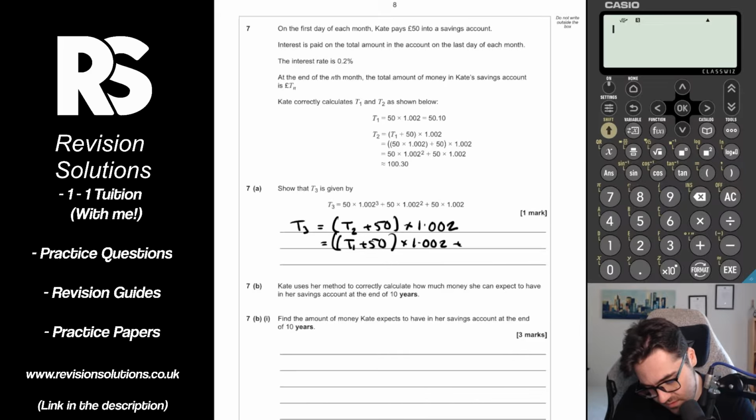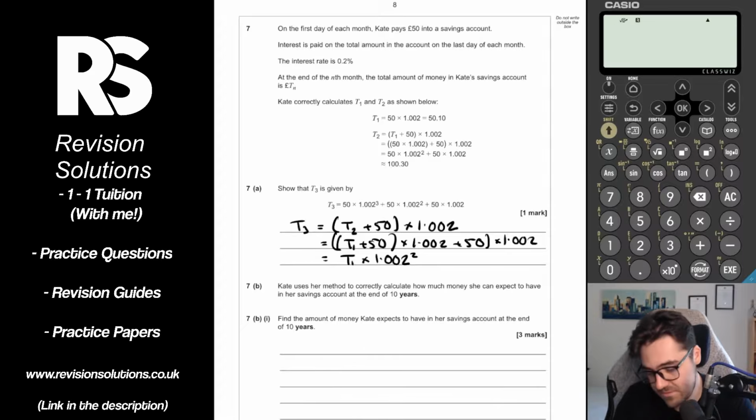Plus another 50 times the 1.002. So if we just take our time a second, actually expand this out for a minute. So we'd have T1 times 1.002 times 1.002 again. That's 1.002 squared.